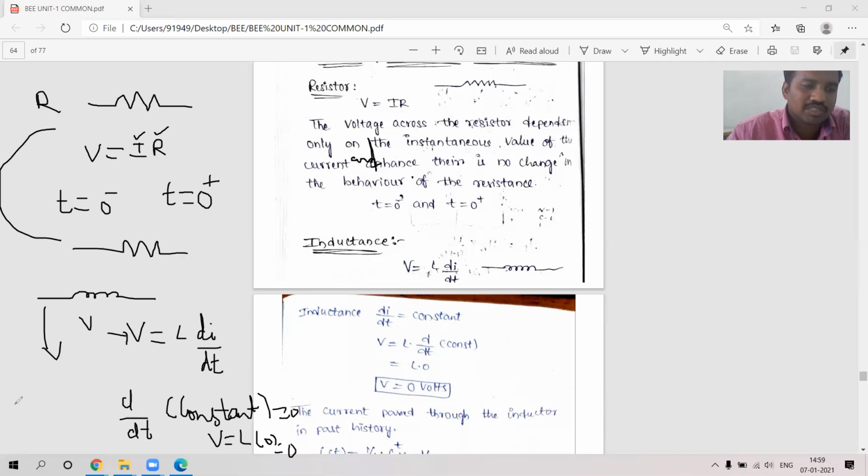There is no voltage drop, so the inductor is simply replaced by a short circuit, because only in a short circuit is the voltage drop 0. But before the switching, the inductor is a storage element, so it has some previous value, because it stores energy in the form of a magnetic field. So it has some energy. What will be the energy? Let us see with this. Let me clear all first.